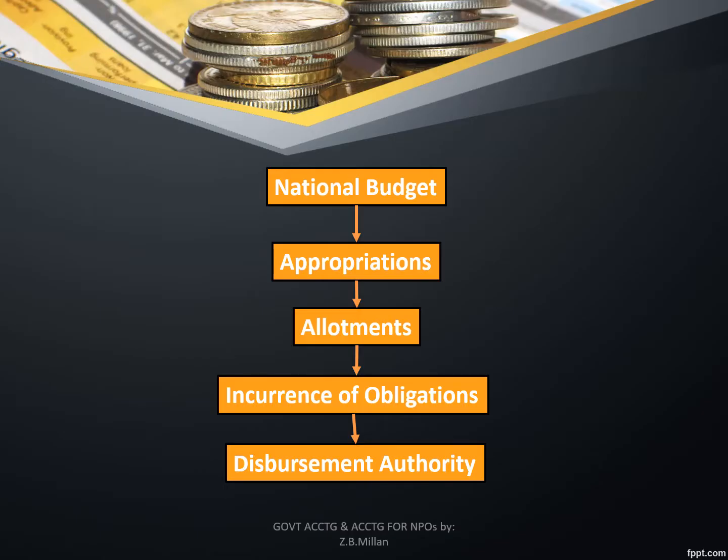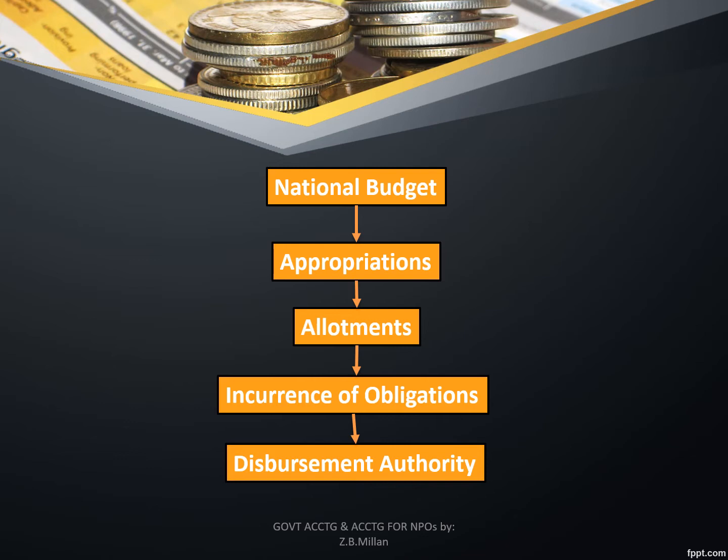Going back to the discussion in Chapter 2 about the budget process, so upon legislation ng ating national budget, appropriations are made to purposes specified in the budget, after which the DBM issues allotment to the government agencies which authorizes them to incur obligations within its obligational authority.